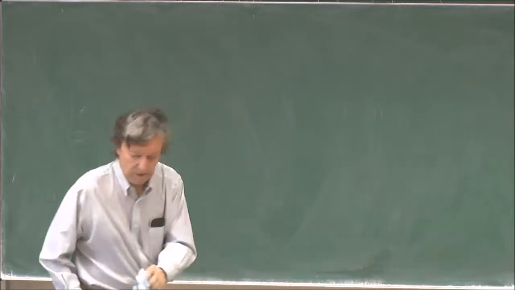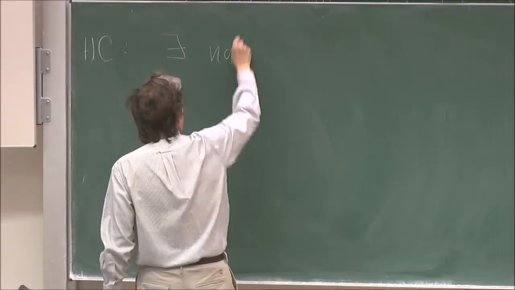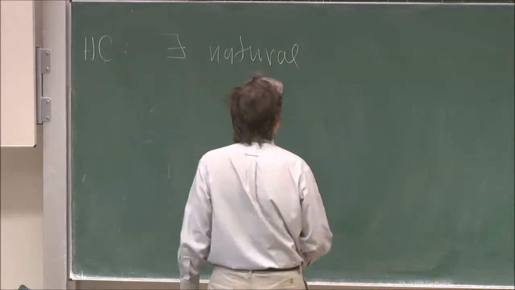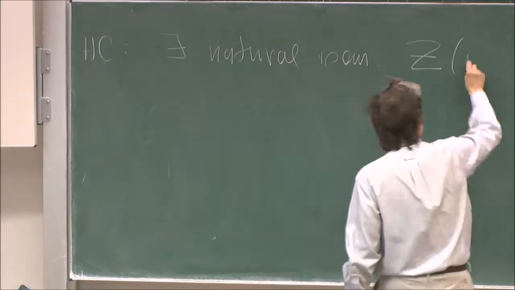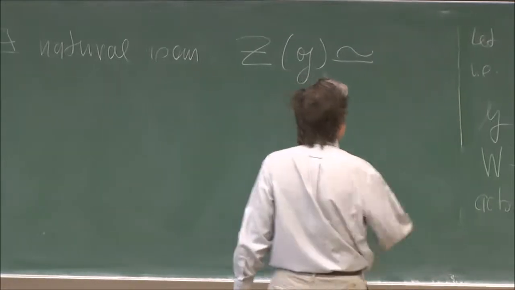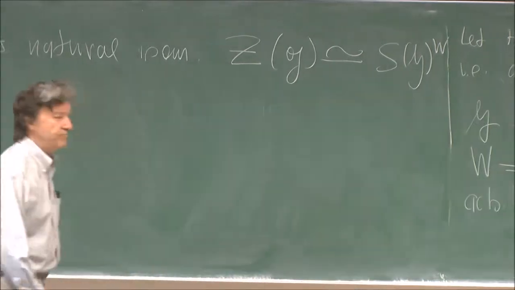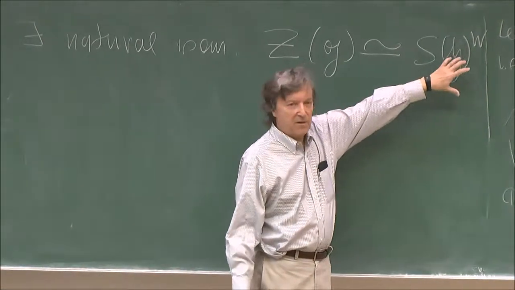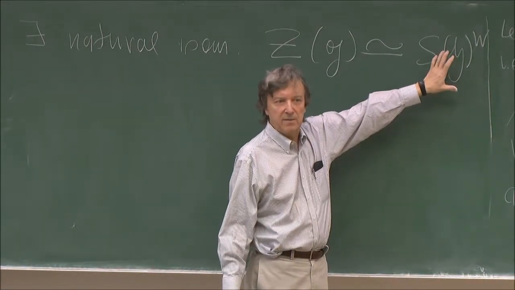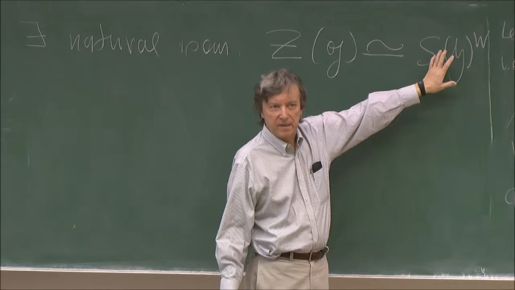So, a very early result of our genre is that there exists a natural and easy to describe isomorphism between the center of the universal enveloping algebra and the invariants of the Weyl group in the symmetric algebra of H. Right, so you look at the symmetric algebra of H, the Weyl group acts since it acts on H, and you take the invariants, that is the center of the universal enveloping algebra.